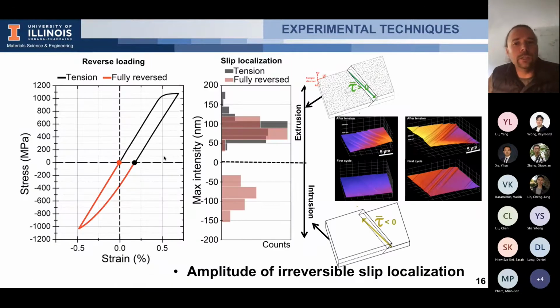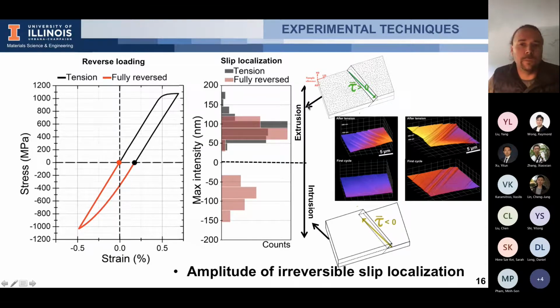And you can do this in a statistical way, where you investigate a large field of view and display, for instance, during this cycling after tension and compression, for thousands and thousands of slip events, their maximum intensity after tension and after compression.